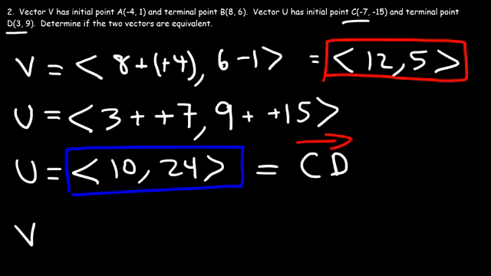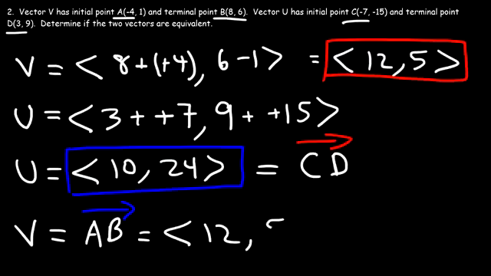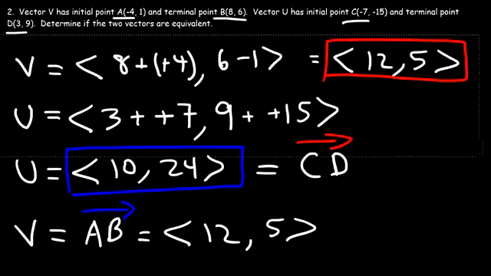And vector v has the initial point a and the terminal point b. So vector v is also vector ab, which is equal to <12, 5>. So now that we have this information, let me get rid of a few things.